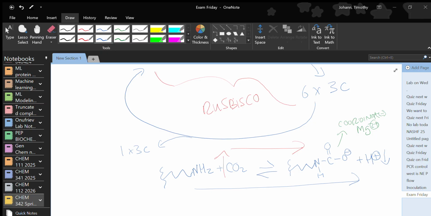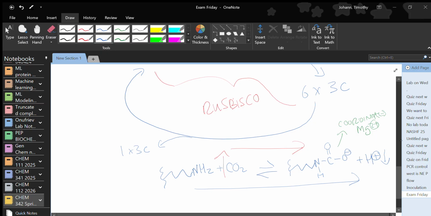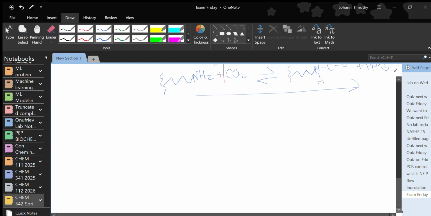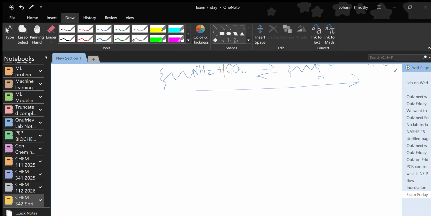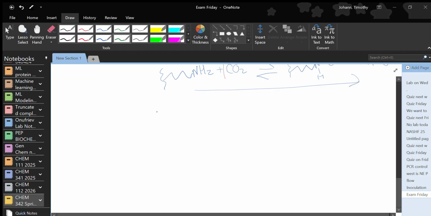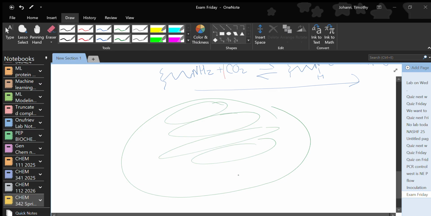Can we clarify where these things are? Is rubisco in the stroma? Rubisco is in the stroma. The dark reactions happen in the stroma. So if I were to attempt to draw a chloroplast, the chloroplast has these thylakoid stacks, like that.